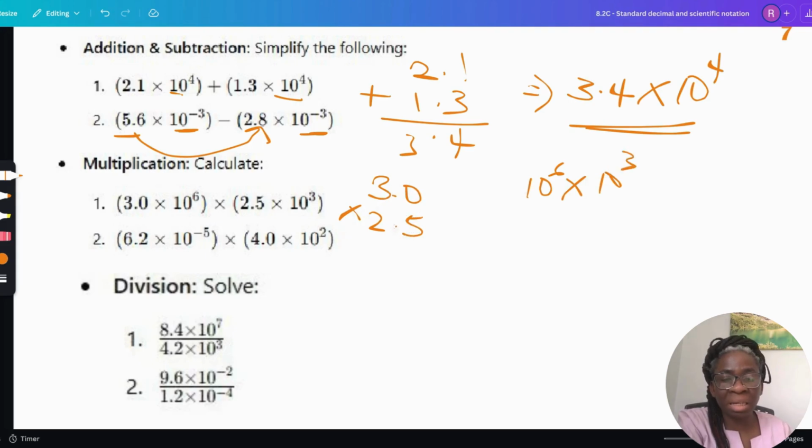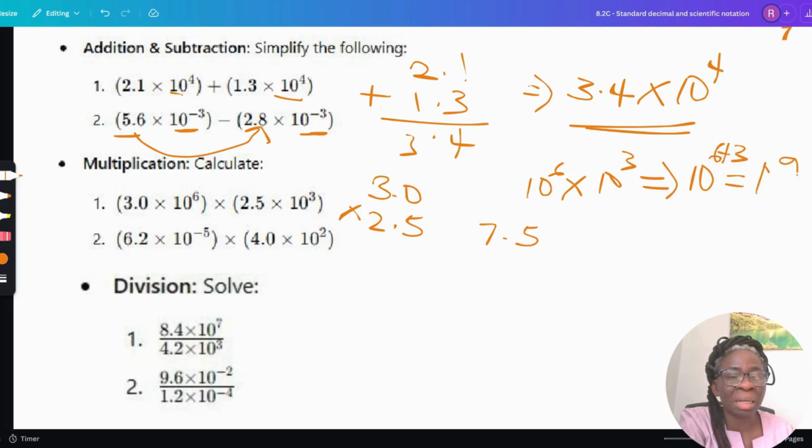If you multiply 2.5 times 3, that's 2.5 plus 2.5 plus 2.5. That's 7.5. So remember, when you are multiplying numbers like this, you just add the powers. So this will be 10 power 6 plus 3. That will be 10 power 9. So your answer will be 7.5 times 10 power 9.